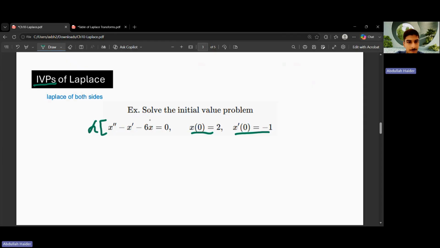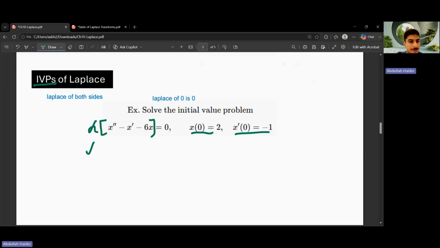You will take the Laplace of this, and then you'll also take the Laplace of 0. You need to know that the Laplace of 0 is 0, so you can keep it as it is. Now you take the Laplace of each of these variables separately.